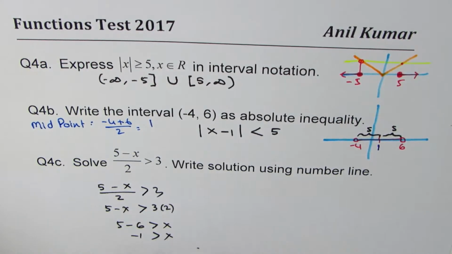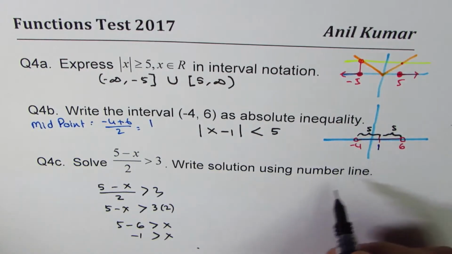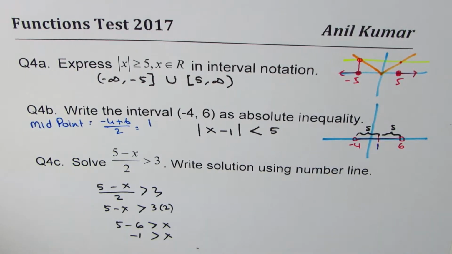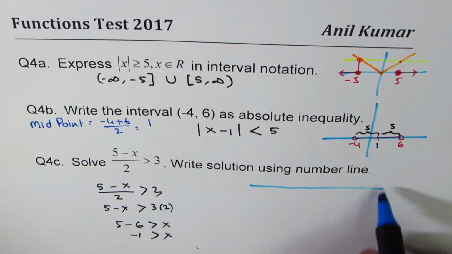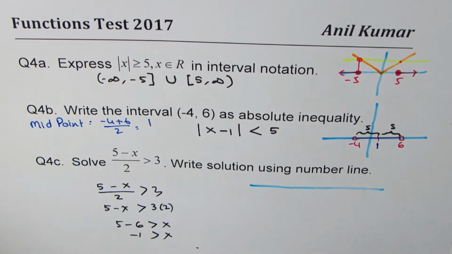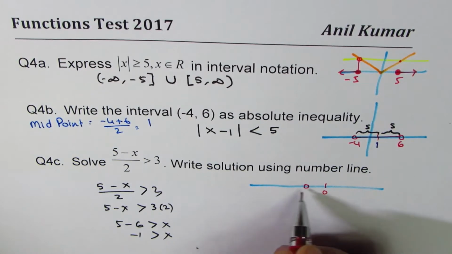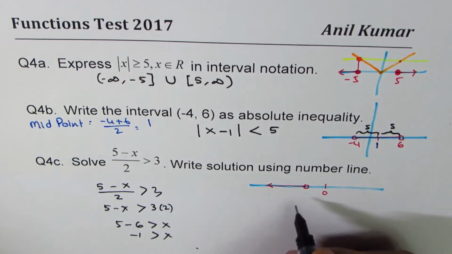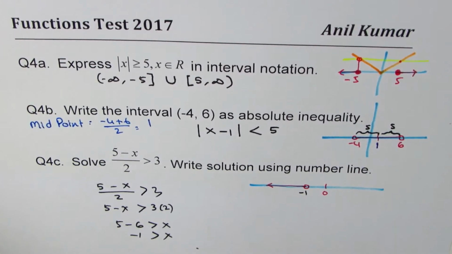So x is less than -1. So we get our solution, which is x is less than -1, which we can show on a number line. Let's say this is 0 for us. X is less than -1, not including -1, will mean an arrow like this, from -1. You get an idea. So that becomes the solution.